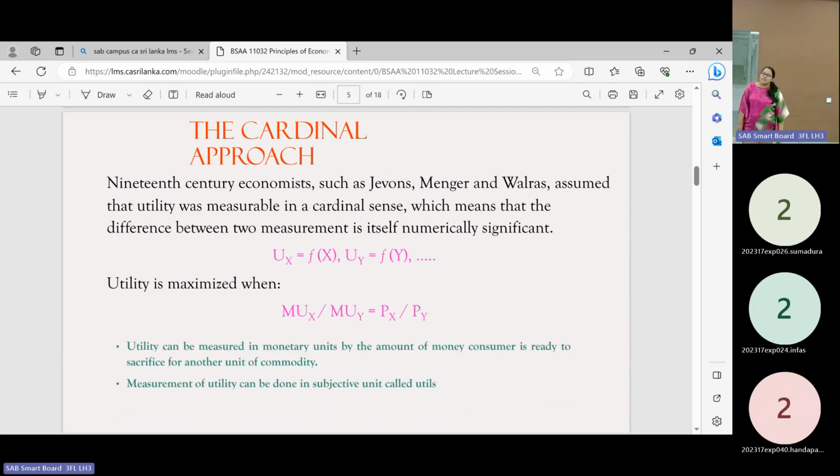This cardinal utility approach came to be in the 19th century under economists such as Jevons, Menger, Walras. You don't have to remember the names, right? They are one set of economists who assumed that we can measure utility, and they expressed utility as a function of so many variables.